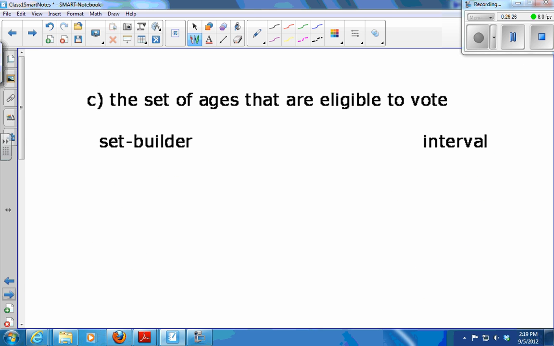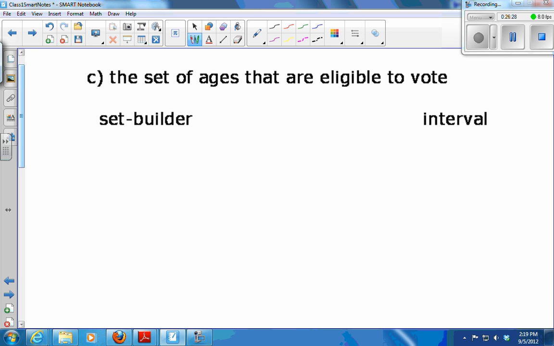All right, the set of ages that are eligible to vote. If 18 is bigger than your age, can you vote?